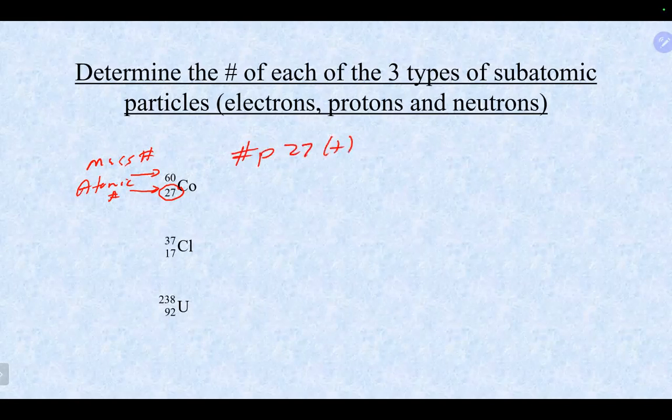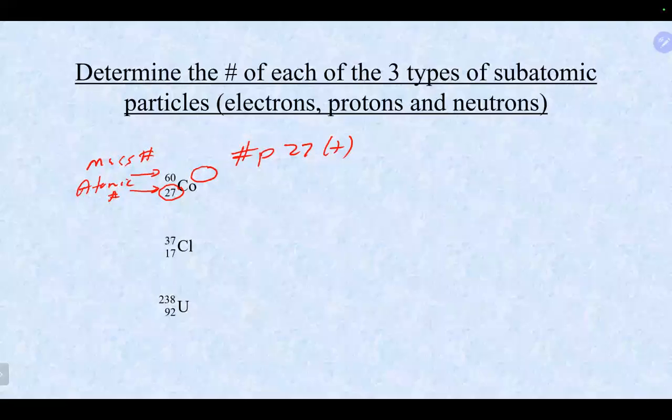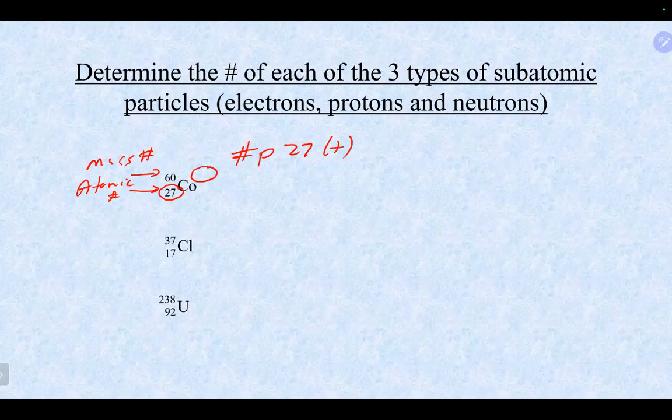This would have 27 protons. And because it does not have a charge, and we do know it doesn't have a charge because there's nothing written there, and if it did have a charge, that's where we would see it, we can assume that it's neutral. And as we talked about, if we have 27 positive protons, we would also need 27 negative electrons to balance it out.